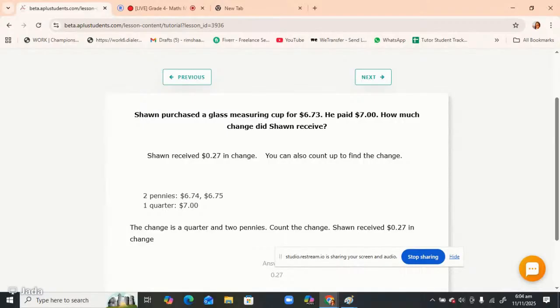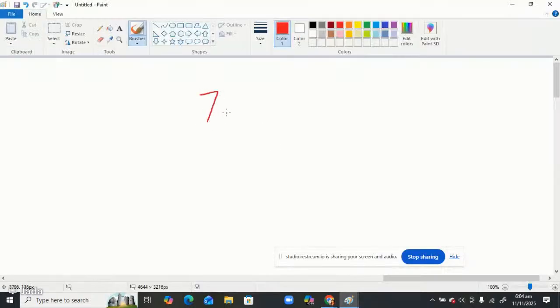Sean purchased a glass measuring cup for $6.73. And he paid $7. Okay, how much did he paid? 7. I'm just going to put $7.00 he paid.